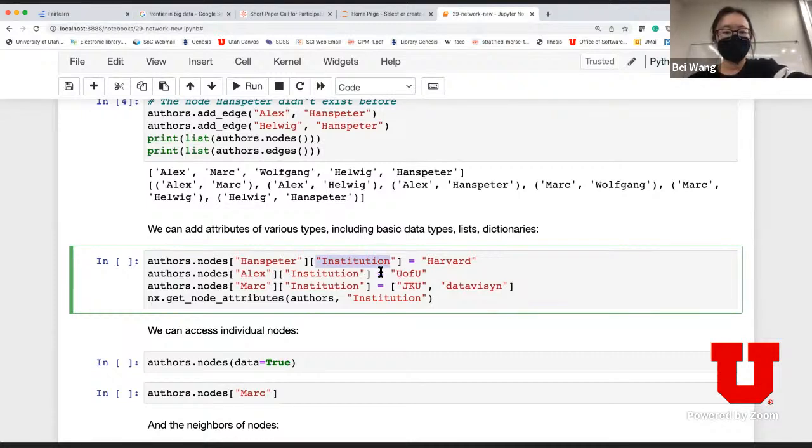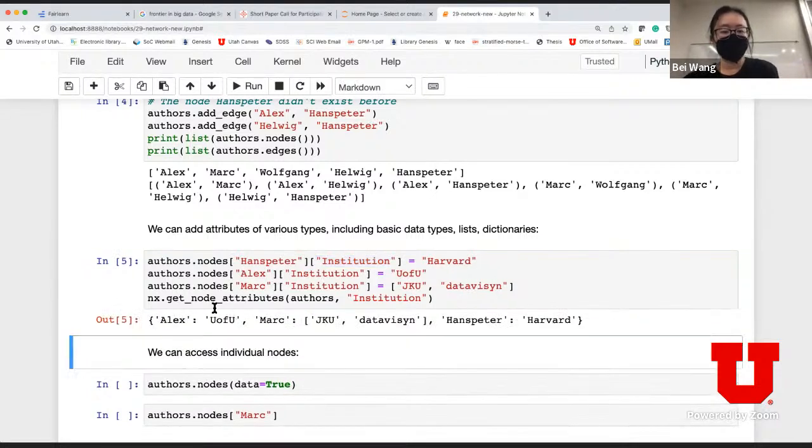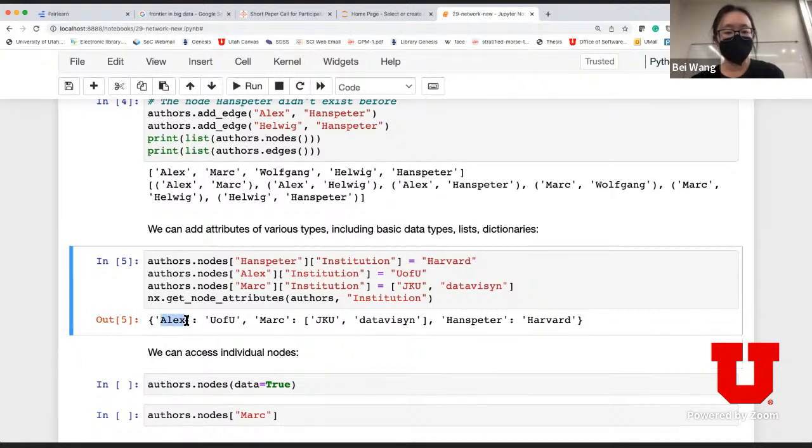So I'm going to say Hans Peter is a faculty at Harvard, Alex is a faculty at U of U, and Mark is a faculty at JKU, and so on and so forth. And I add this attribute. And now if I display, when I say get node attribute for the authors, under the field institution, it's going to display the node name and the value of the institution, and so on.